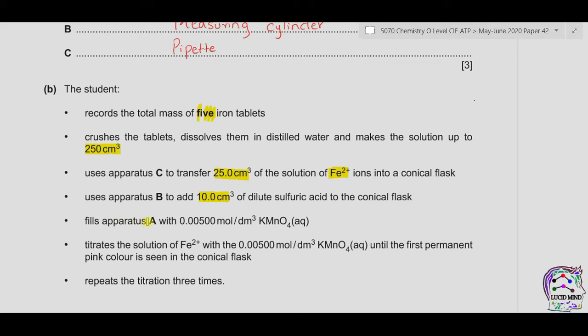Then he fills apparatus A, which is burette, with 0.005 mol/dm³ aqueous potassium manganate. Then he titrates the solution of Fe2+ with 0.005 mol/dm³ KMnO4 aqueous until the first permanent pink color is seen in the conical flask. Repeats the titration 3 times.